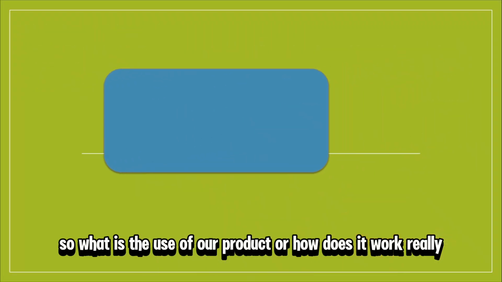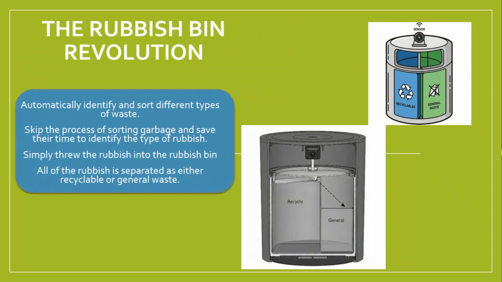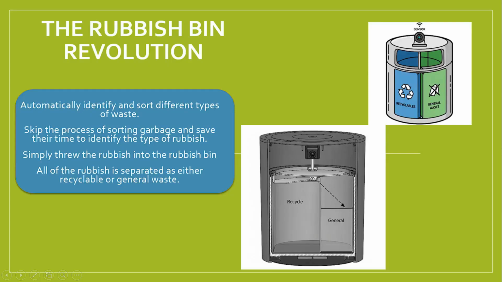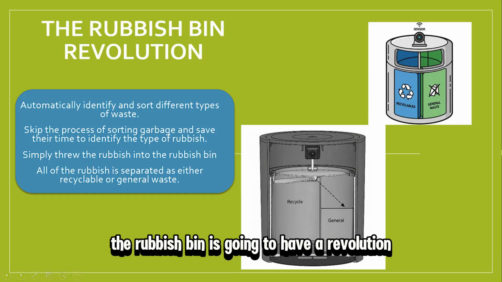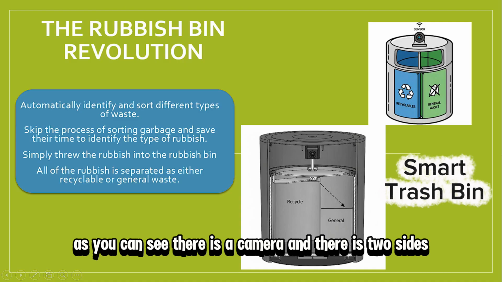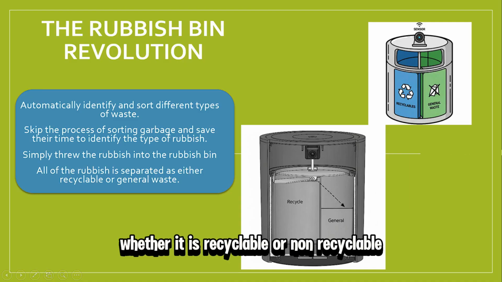Or how does it work really? So if you look at the presentation right now, the rubbish bin is going to have a revolution. As you can see, there's a camera and there are two sides, whether it is recyclable or non-recyclable.